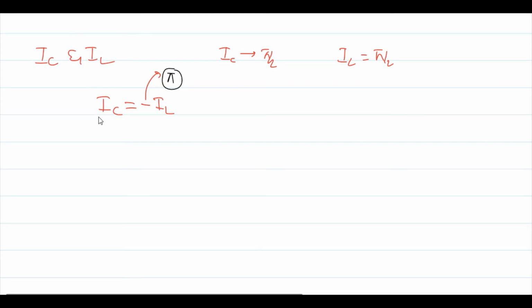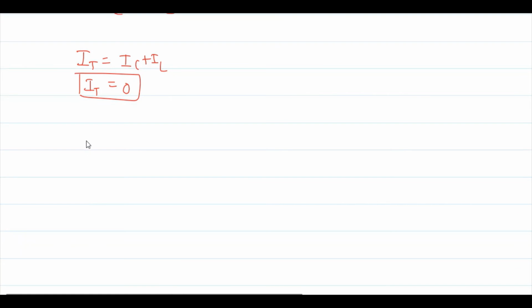Now if I substitute these in the total current IT equal to IC plus IL, it becomes IT equal to 0. Then ZT, the impedance of the LC parallel circuit, becomes EMF divided by IT, which is 0, so Z is at infinity.